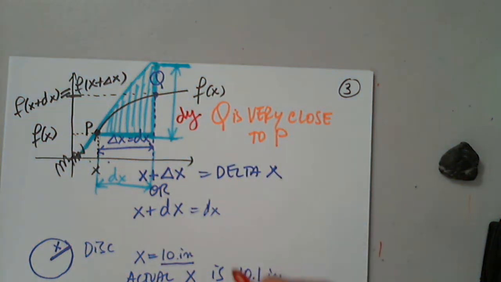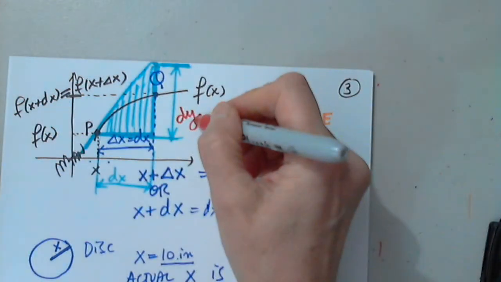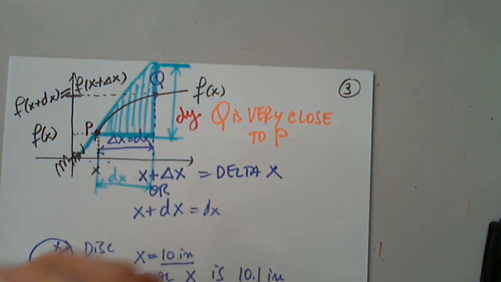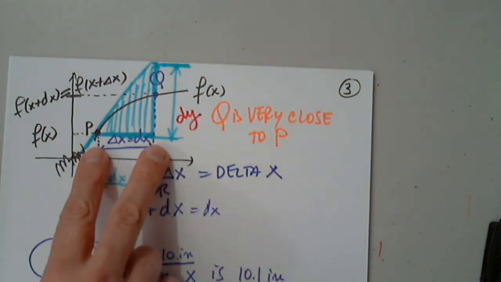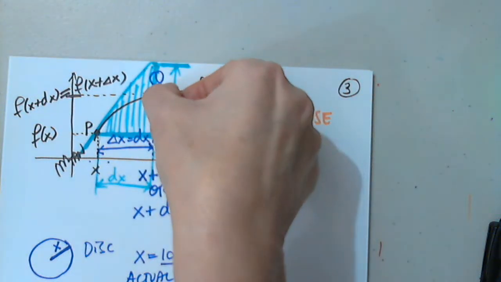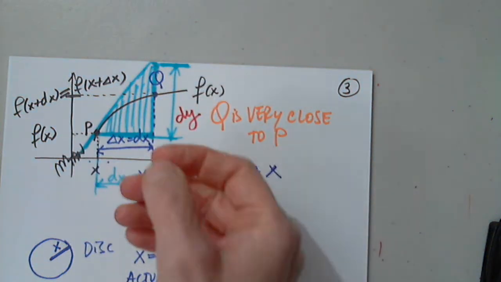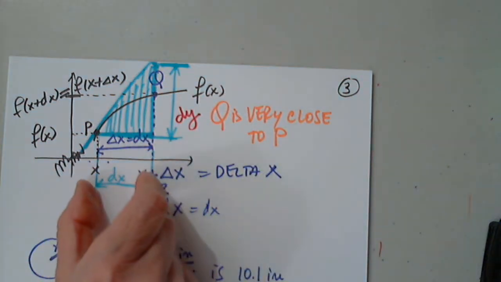Now, of course, you're going to say, what does dy mean? Well, whenever we have an error in x, dx, it translates into an error in the function value. Because if Q is right here, there is no error. But if Q is next to P, there is an error.